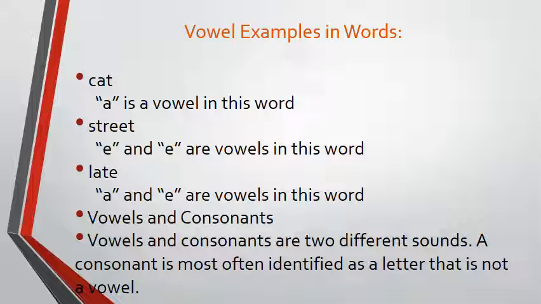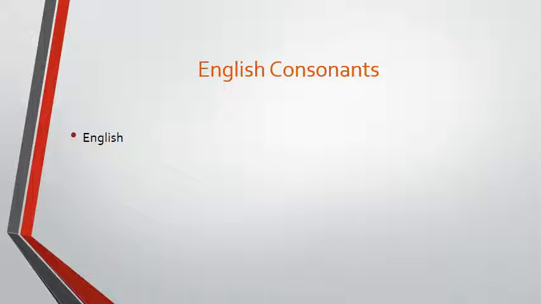Now see vowels and consonants. Vowels and consonants are two different sounds. A consonant is most often identified as a letter that is not a vowel. Now English consonants. There are 21 consonants in English.